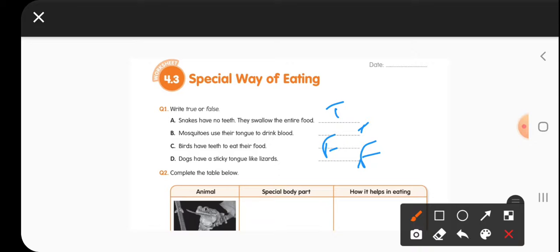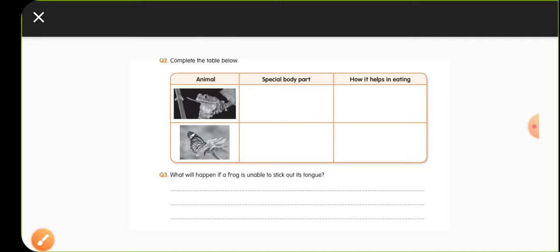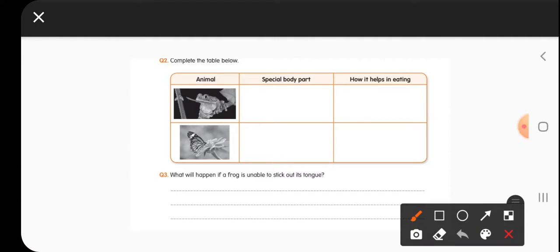Okay. Now the next one is complete the table below. In this table you will see two animals. One is the frog, the second one is the butterfly. If you observe the special features, in the case of a frog, it is the sticky tongue. In the case of a butterfly, it is the trunk.